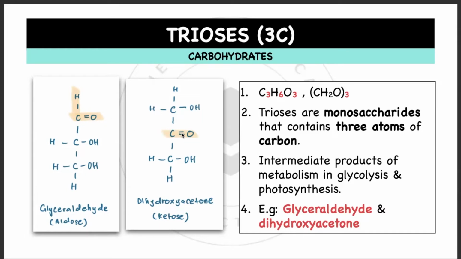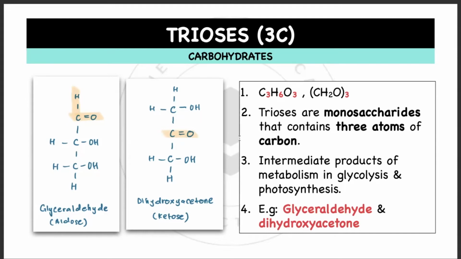If the double bond is on the carbon that is in between, not necessarily the second, for others it can be maybe the fifth or what, but basically you see that it's connected to oxygen and the rest is connected to carbon. It doesn't connect to hydrogen, whereas here it connects to hydrogen. So that's how you differentiate. Aldose is always on the first carbon, and for ketose, the double bond of oxygen is somewhere in between.